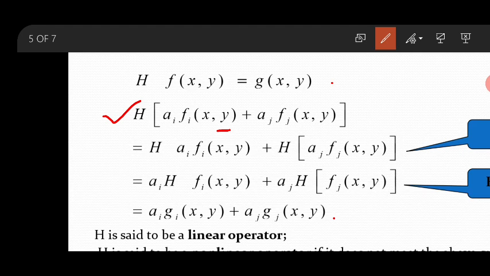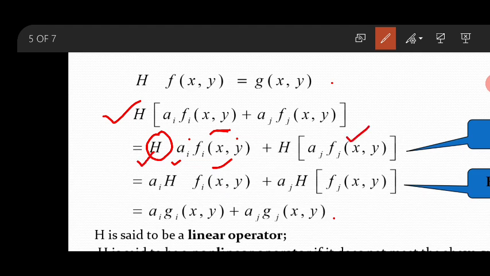Now let us assume that on the right hand side, I will take the fi image, each element will be multiplied by ai and we will perform the H operator. I hope the thing is clear for you. I am performing on the right side: the fi image multiplied by ai onto which you perform the H operator.